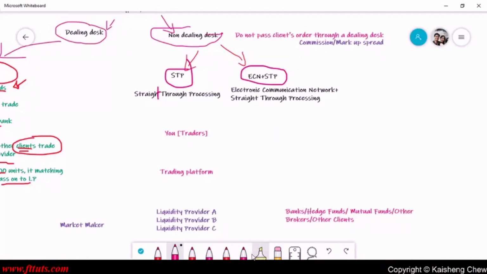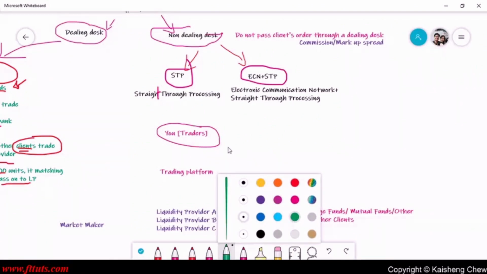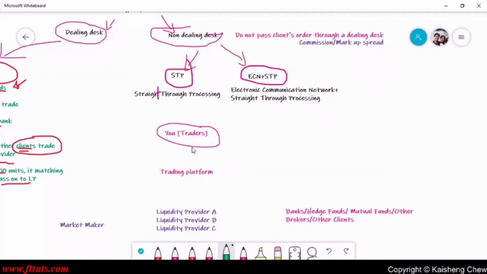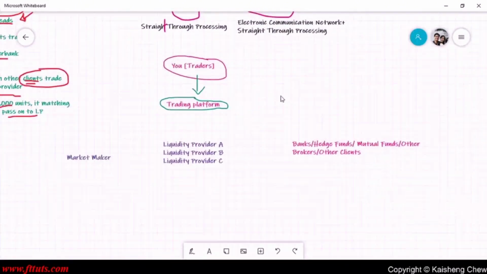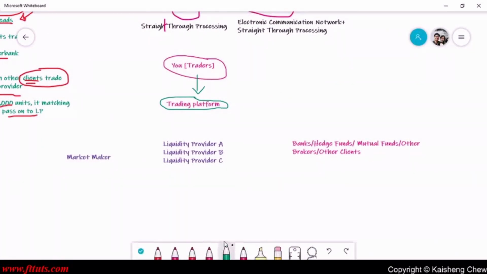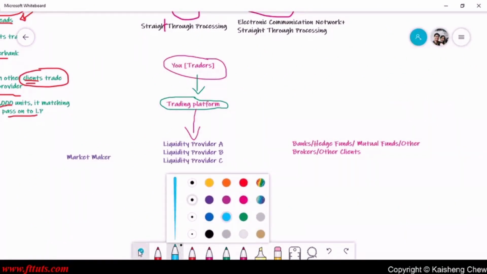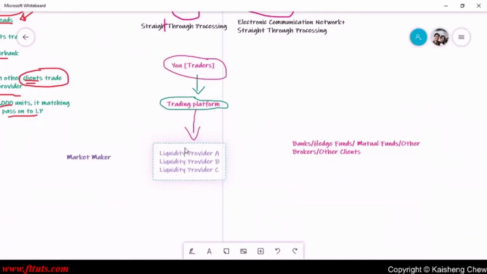So meaning that you are now in the market. This is your trading platform, let's say MT4. You click on your MT4, you want to buy. So for the STP, they will send your buy order to the liquidity provider.